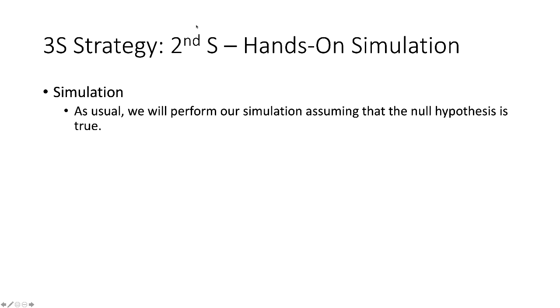Now we're going to proceed to the second S in our 3S strategy. We're going to do a hands-on simulation. It's important to know how the simulation works so that we understand how the computer simulation will work. As usual, we will perform our simulation assuming that the null hypothesis is true.